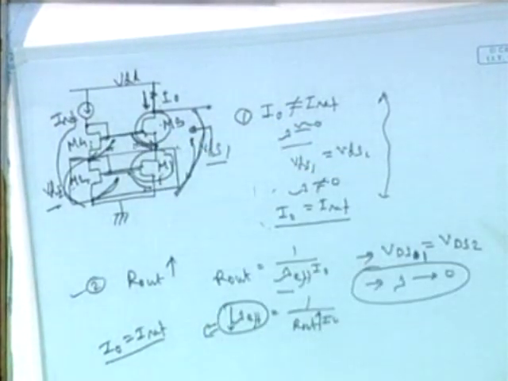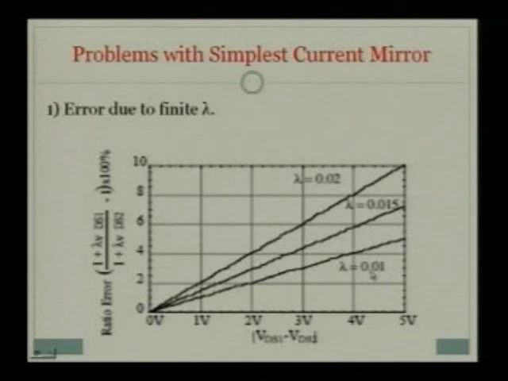If lambda reduces still further, we will get a curve like this, so this error ratio is almost equal to 0. So these are the 2 explanations of the operation of this cascode current source, current mirror.